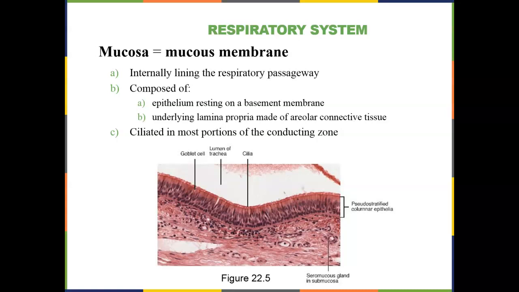You start out with pseudostratified columnar epithelium in the larynx and the trachea. Then as we move to the bronchi and get closer to the actual alveoli, we move to simple columnar epithelium. Then we'll move to simple cuboidal epithelium, and then eventually simple squamous epithelium in the alveoli.